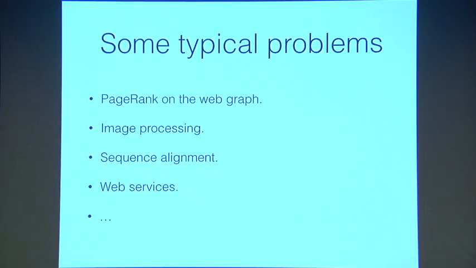Sequence alignment. Do people know what sequence alignment is? Sequence alignment is a biological problem where you've read out, for example, 2 genomes, and you want to find how they match. You've got some function that basically computes how they match. A genome's about 3 billion base pairs.